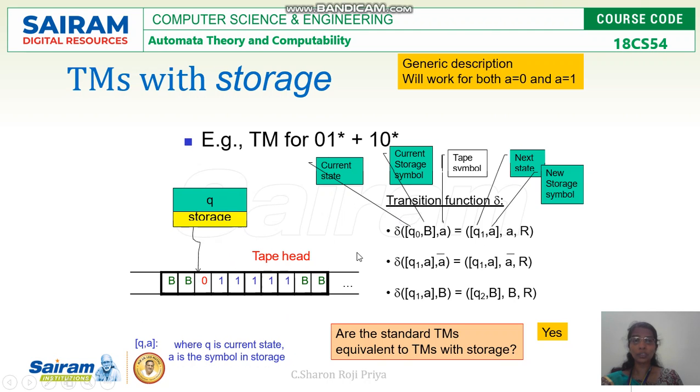Assume the first input symbol is A. I have to remember this A. So I am making a state change. Initially it was Q0. I make a state change and remember my first input symbol, so I write q1 comma A together. State and storage symbol together.